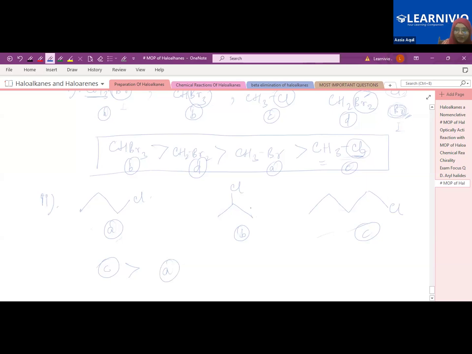So if you have more branching, it means it will have the low boiling point. So that's why C, then A, then B. That's the order of boiling point. Is this point clear? Yes, ma'am.